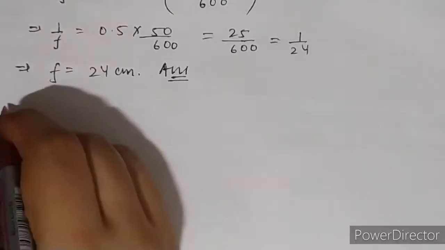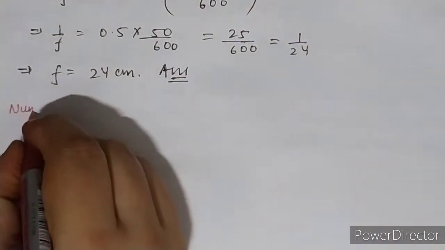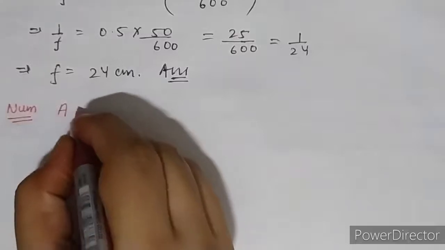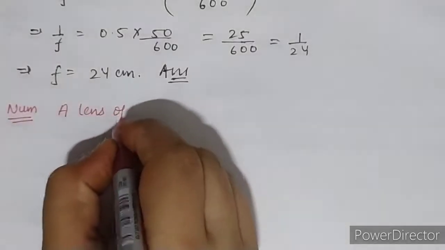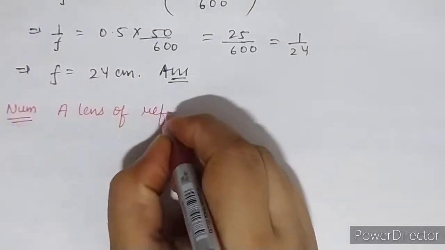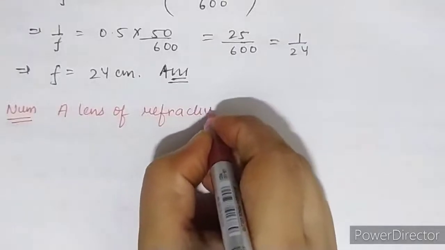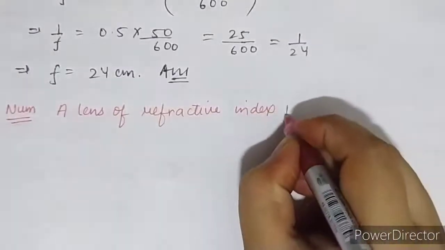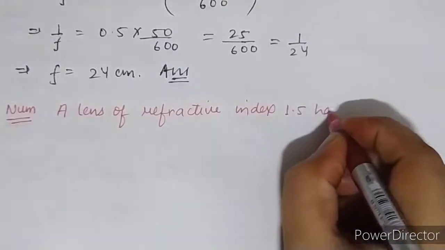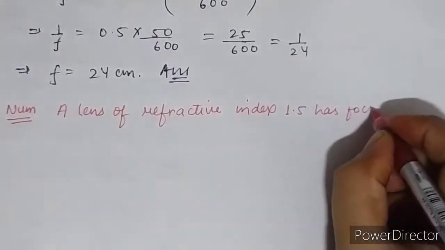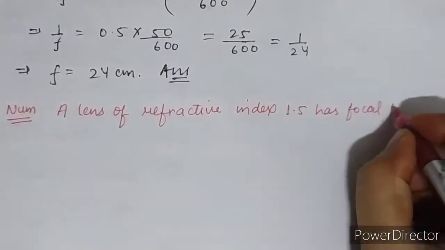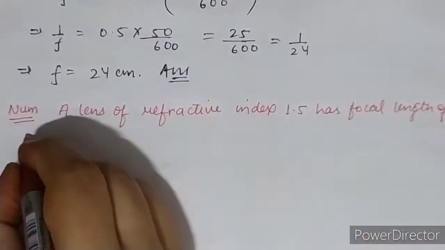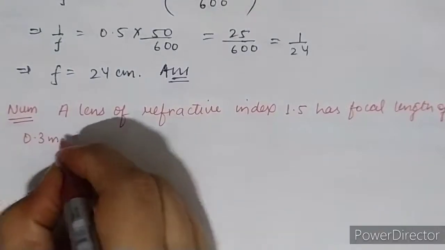So the first numerical for your homework is: a lens of refractive index 1.5 has focal length of 0.3 meter.